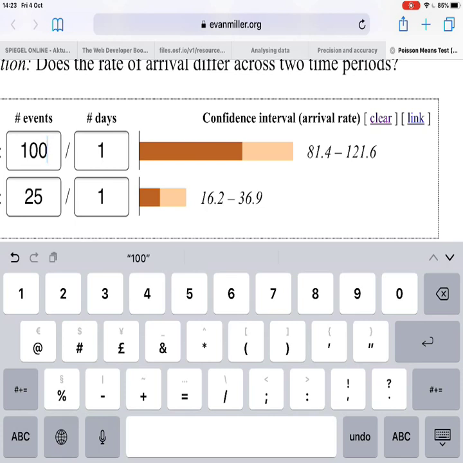It means that from our sample, 100 colonies on one plate, we are 95% confident that in the long run, if you did this experiment 10 times, 20 times, 100 times, 10,000 times, 185,815 times, you would get a colony count of somewhere between 81 and 122.